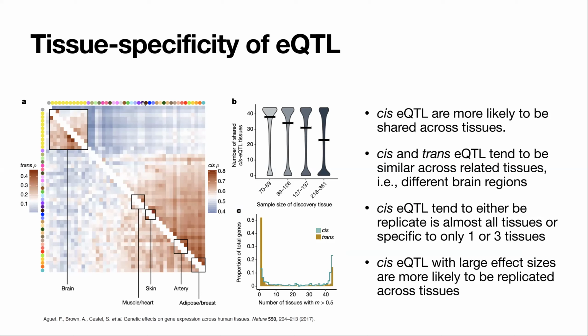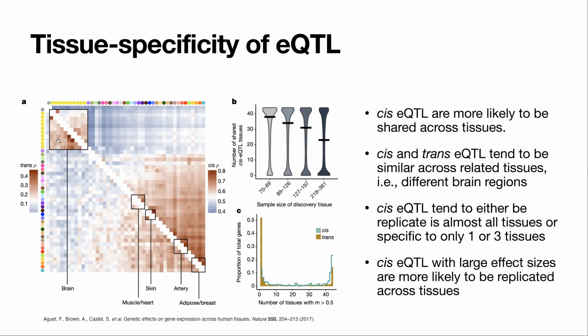A couple things I wanted to point out about these graphics. First of all, this upper triangle represents the cis correlations of eQTL effects across tissues, and the bottom triangle represents trans eQTL.